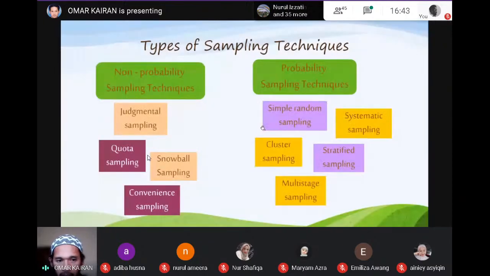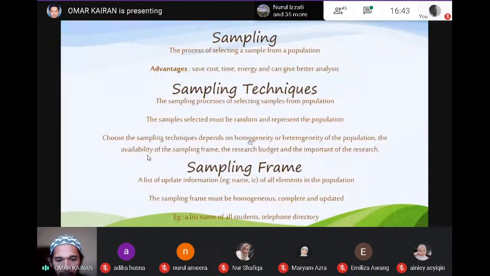Okay, the next is sampling frame. As I mentioned just now, sampling frame is a list of the populations. So kalau ada 1000 population, we have 1000 respondents, a list of 1000 respondents or populations.